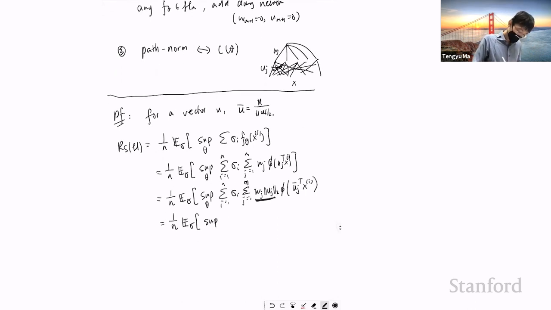So you have sup over theta, and you rewrite this, changing the order of the summation, so that it's clearer that you have this times the sum from 1 to n of sigma i phi of Uj bar transpose xi.